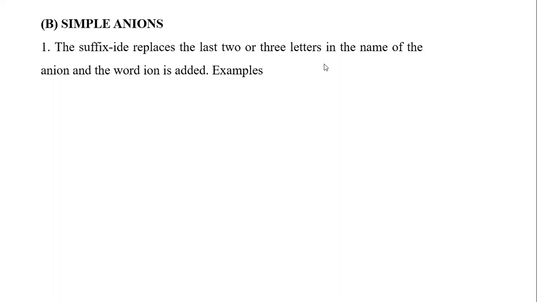You fix them prior to the word, prefix. The direct opposite is suffix. They come after the word, so they are at the end of the word. In naming anions, the suffix IDE, those three letters, replaces the last two or three letters in the name of the anion. Then you add the word ion to it. That's all.